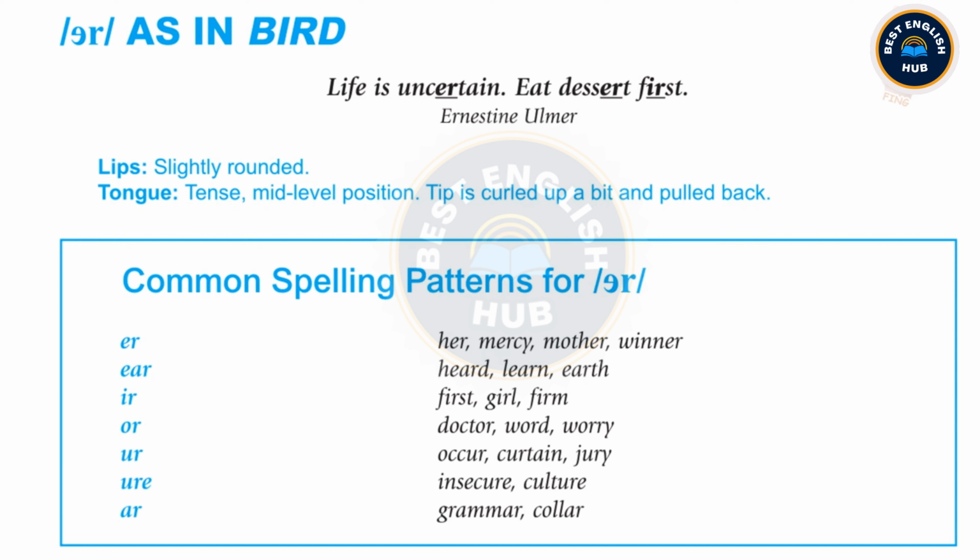/ɝ/ as in bird. For the /ɝ/ sound, the lips are slightly rounded, the tongue is tense and at a mid-level position, and the tip of the tongue is curled up and pulled back.